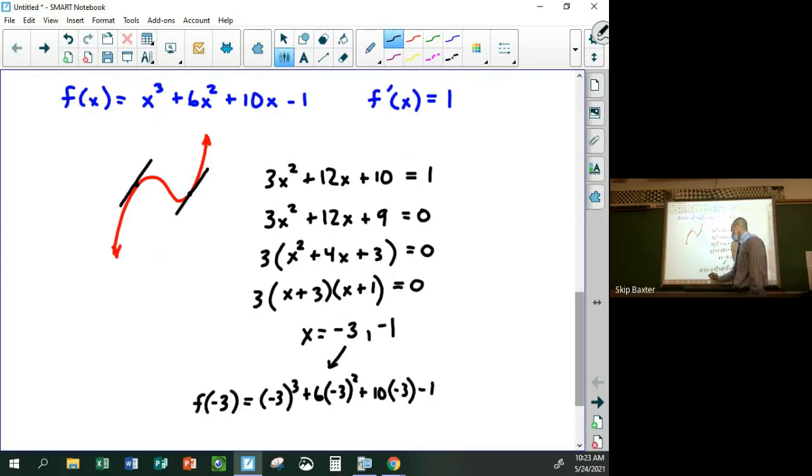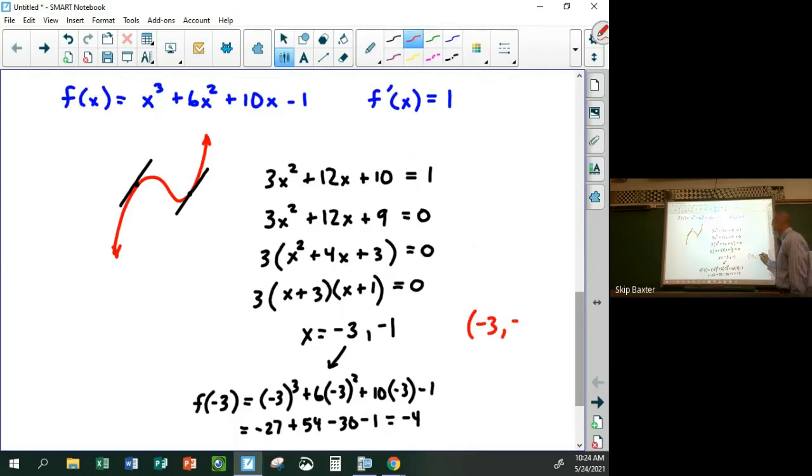So this ends up being -27, and 6 times 9 is plus 54, minus 30, minus 1. I would totally mess up if I tried to do this in my head, maybe you too. This would be 27, minus 30 is -3, minus 1 is -4. So one solution is -3, -4.